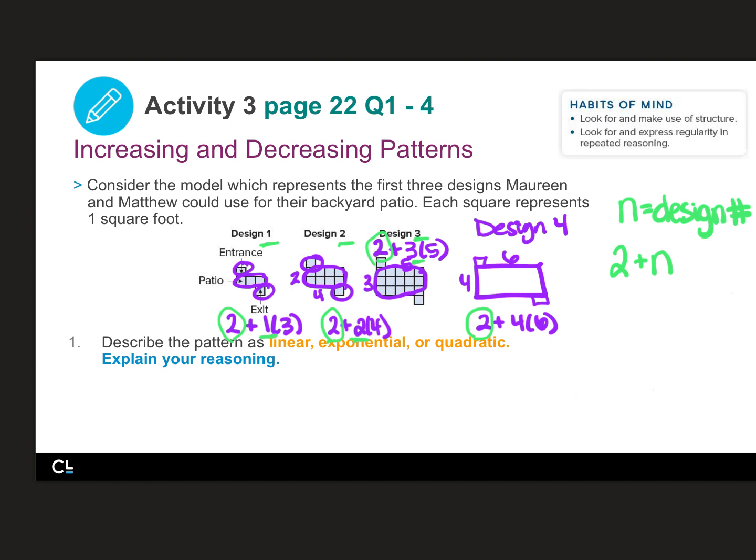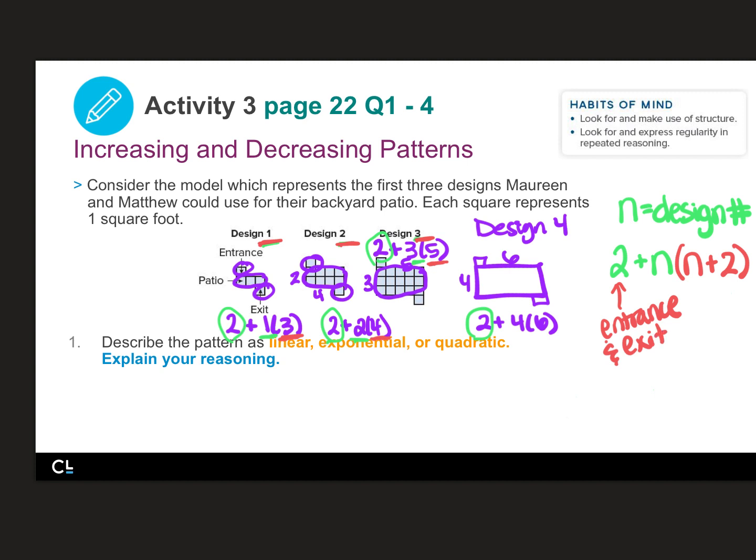And then for the length of that rectangle, design 1 gave us 3 across, design 2 gave us 4, and I'm starting to notice a pattern: 3 became 5, that is 2 more than the design number. So here's our entrance and exit tiles, because there'll always be 2, it's a number.